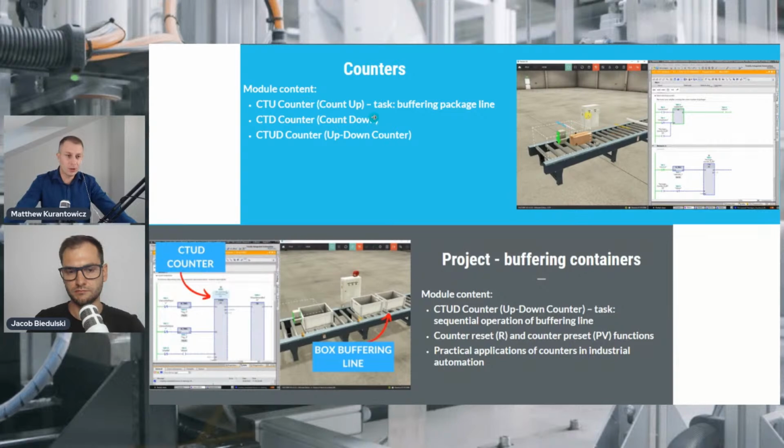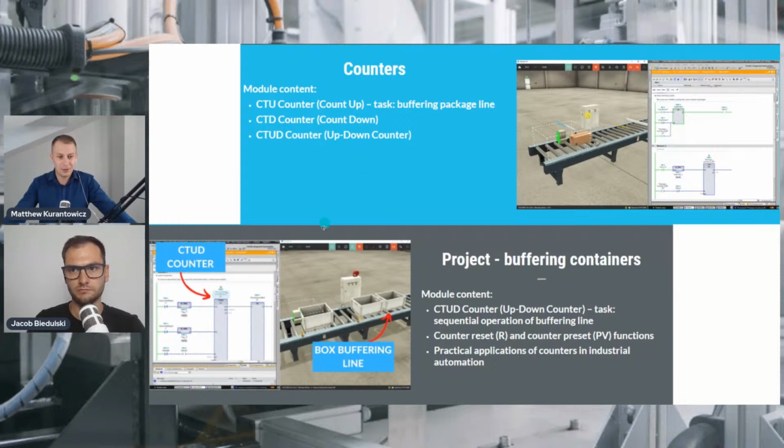The next function block is the counter. We have counter up, counter down, and a counter which counts up and down. We can create a buffering package line using counters, and we can just count elements in the factory.